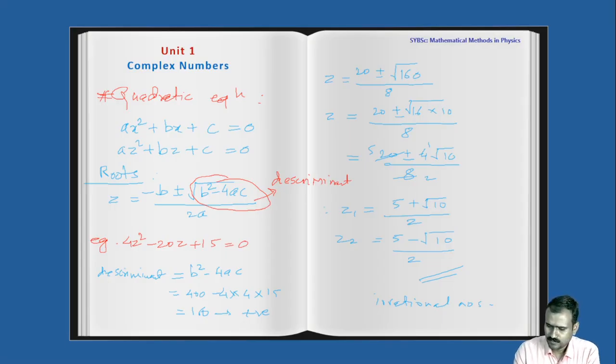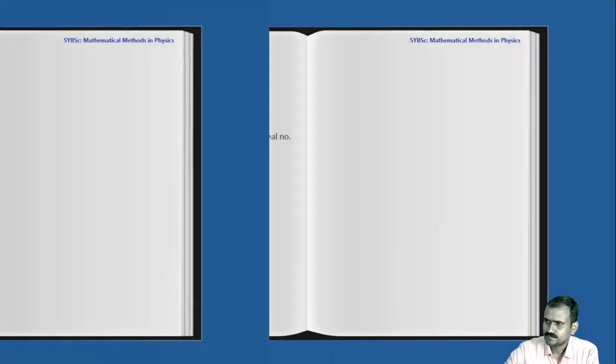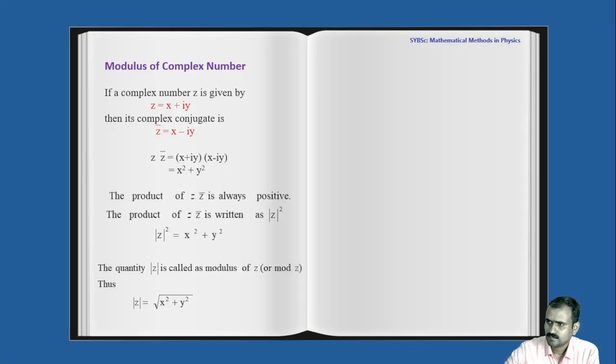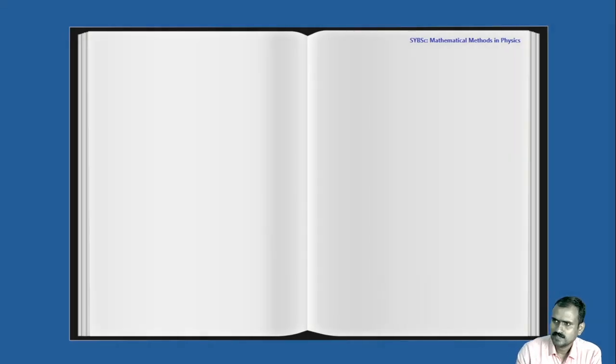Here again we will see another example. Suppose 4z² - 20z + 27 = 0. We have to find its roots.